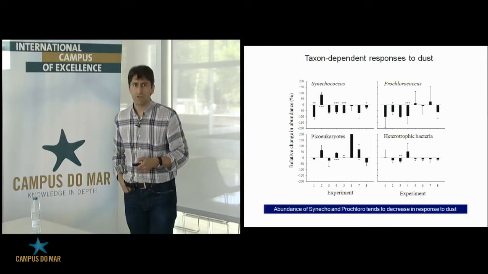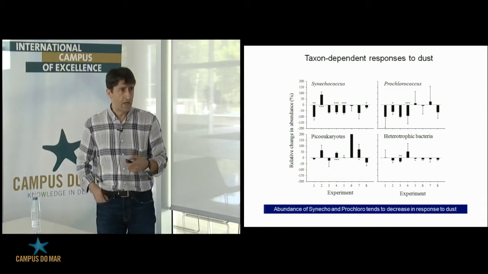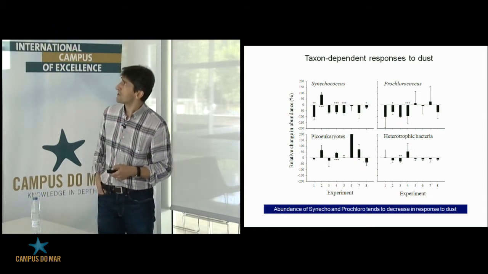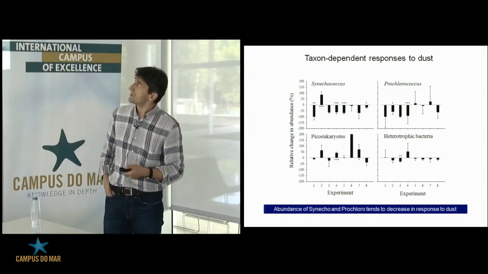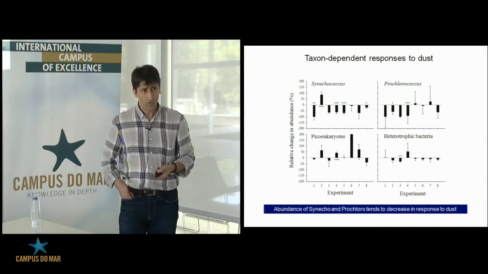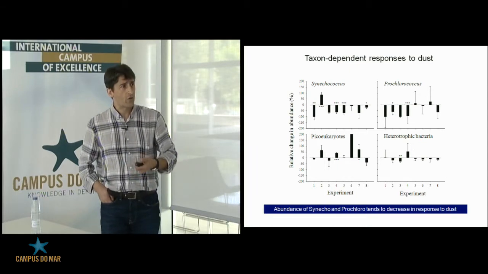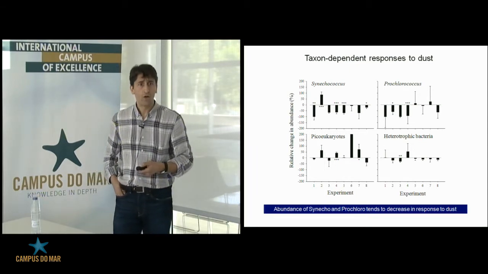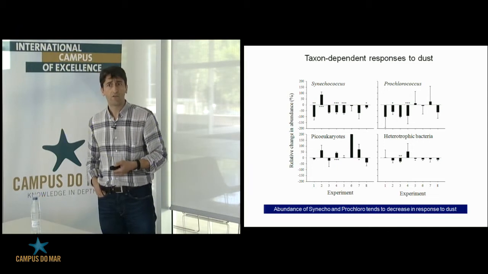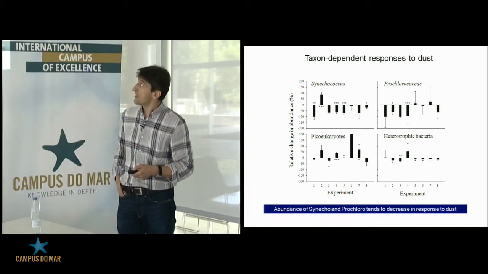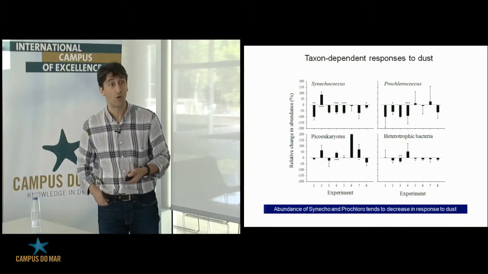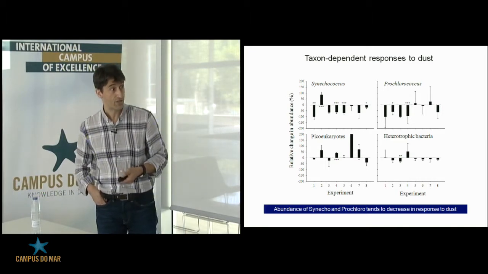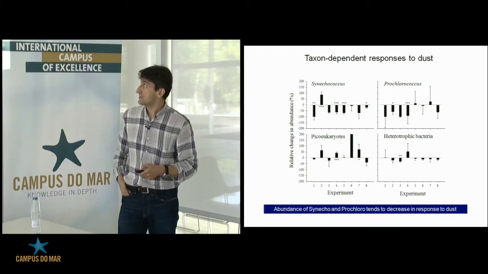Just to give you a broad idea, I will not be getting into much detail here, but different groups of organisms, you have here the Synechococcus and Prochlorococcus and the picoeukaryotes, for instance, tend to show different responses. They are not really synchronized in the way they respond to these perturbations. For instance, Prochlorococcus and Synechococcus overall tended to show a negative rather than a positive response to the dust addition.